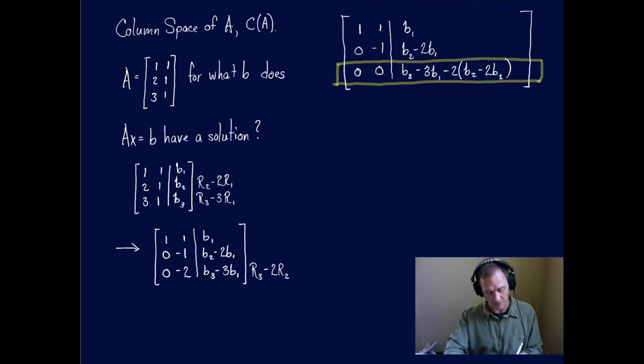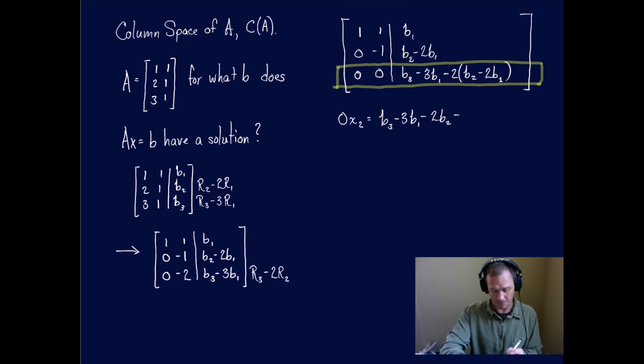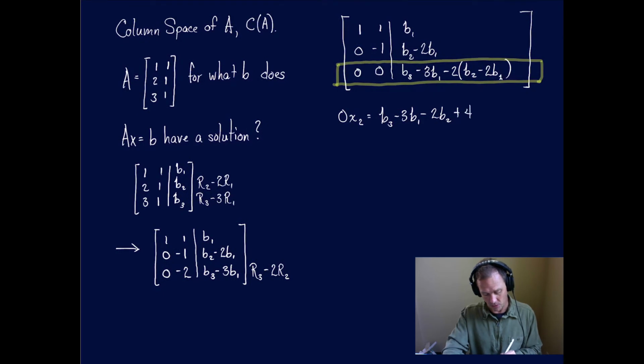Row 3 says that 0 times x2 has to equal this entire right hand side, B3 minus 3B1. I'm going to start expanding this. We'll clean it up even more. Minus 2B2 plus 4B1s.